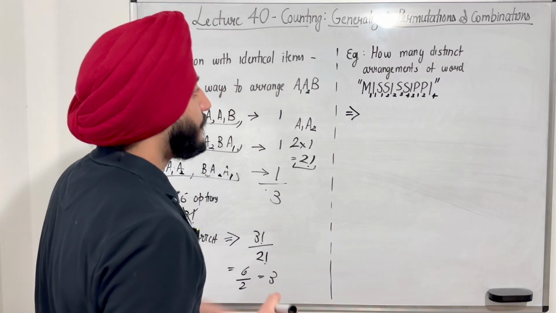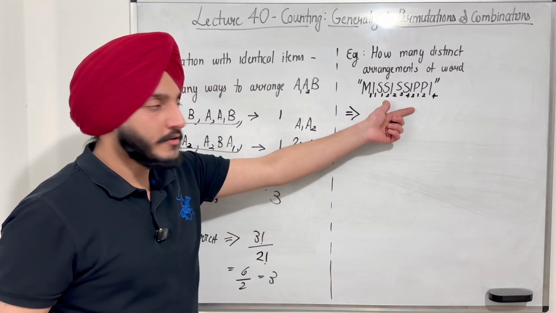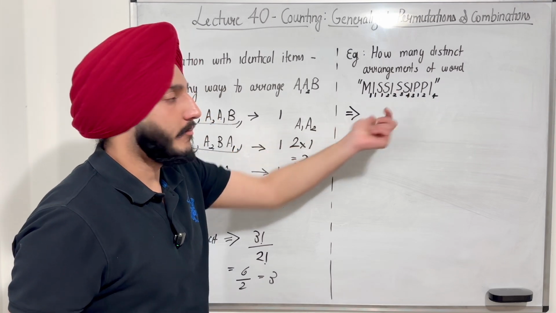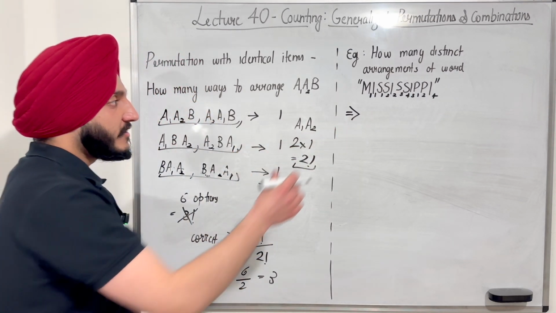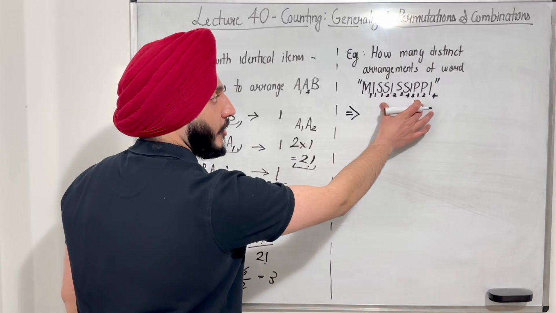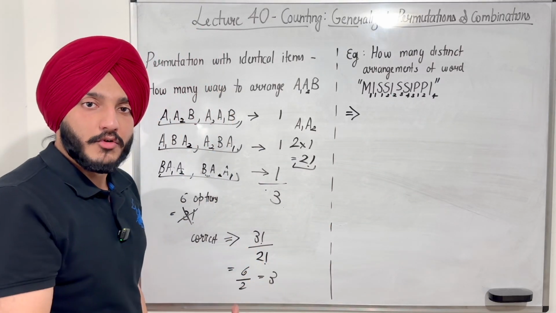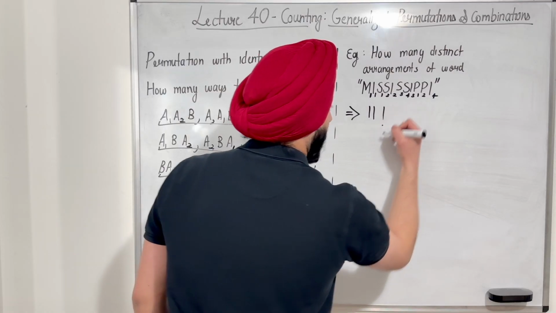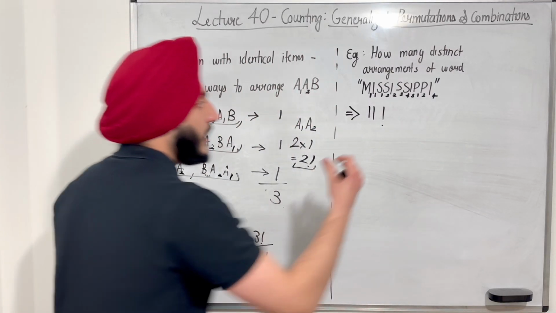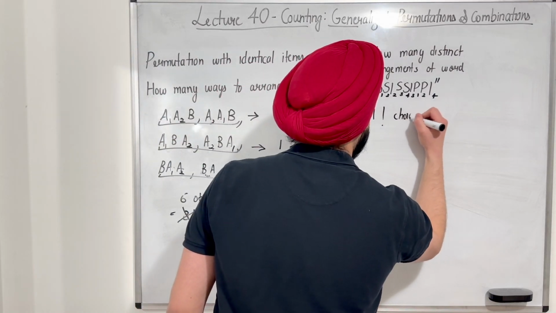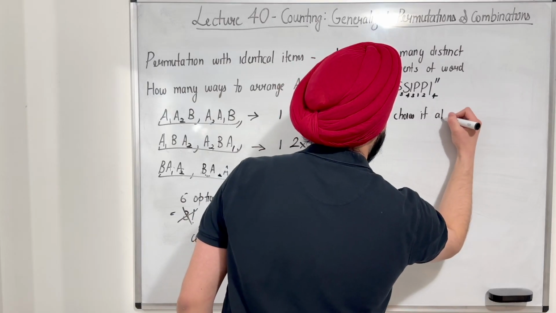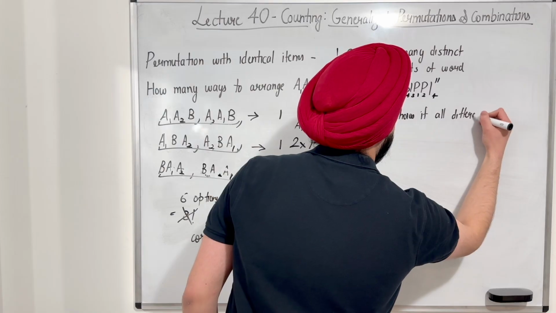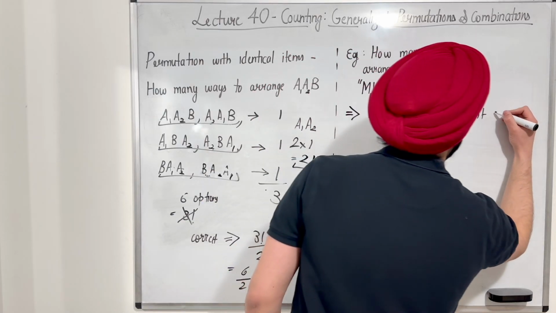So I have 4 S's, 4 I's, 2 P's, and 1 M. Let's consider that all of these are distinct for now. If they were all distinct, the idea would be very simple to understand. I would simply have 11 factorial ways, 11 factorial choices if all were different letters.